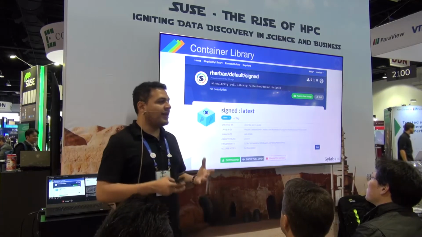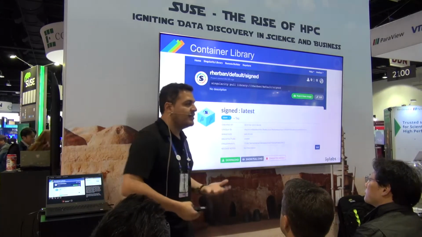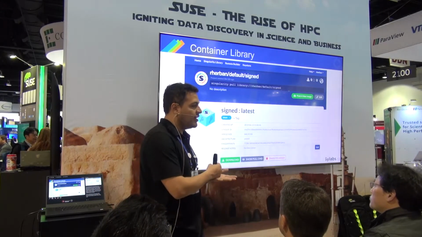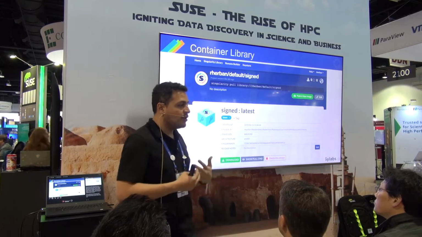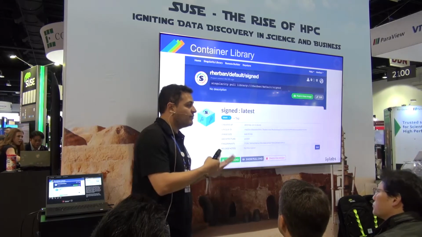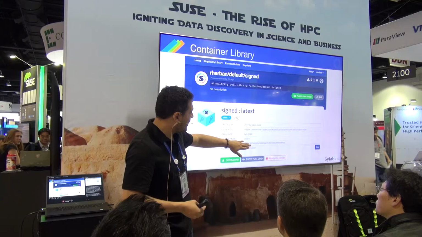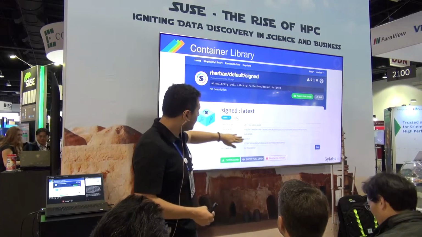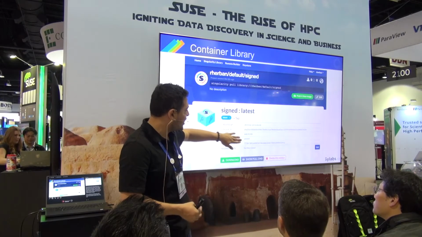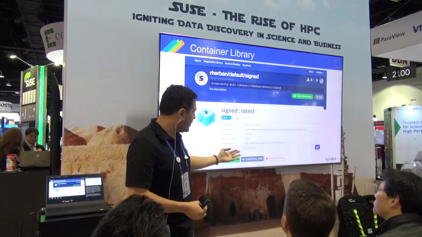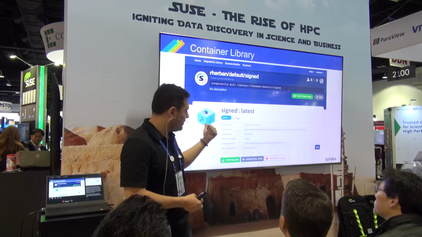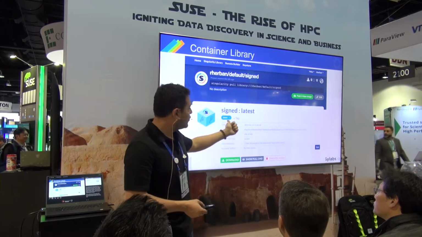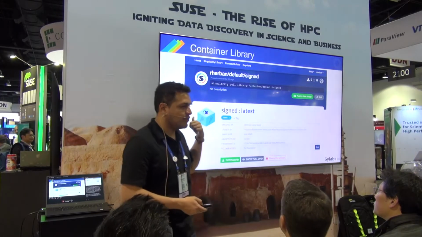So if you create a container on a Power 9, ARM cluster, or x86, Singularity in the library is going to be smart enough to tell the architecture of the container, right? So you can then have the same container built for different architectures. We are going to store the container by a unique ID and the fingerprint that comes with the PGP keys. You can have release notes for your container, and you can have different tags for that same container.